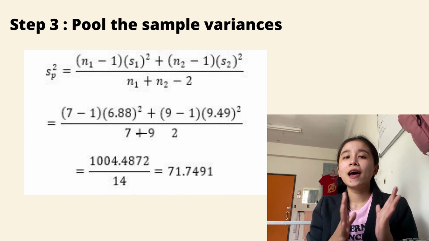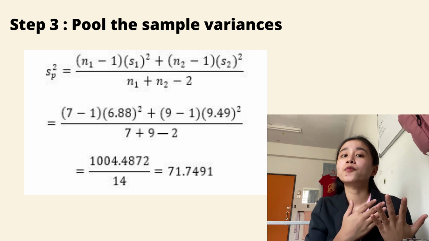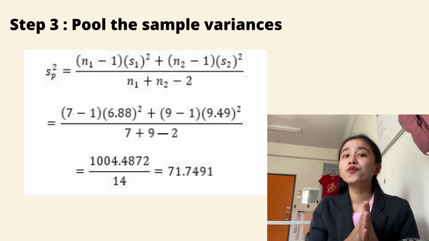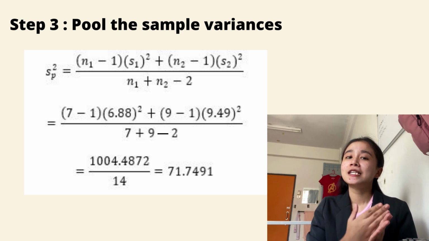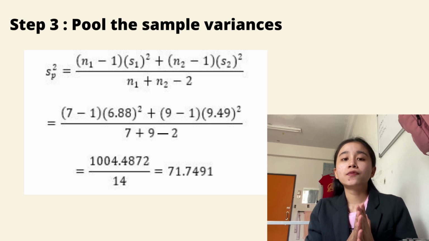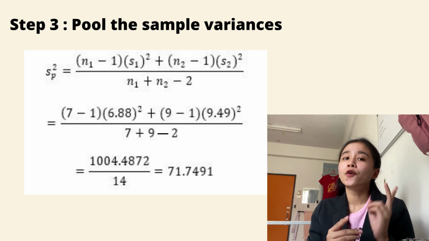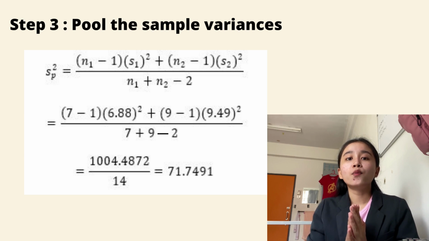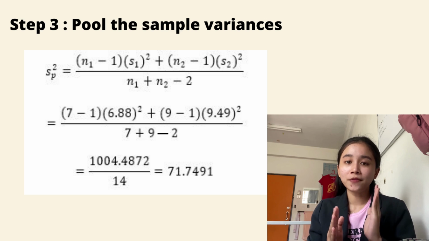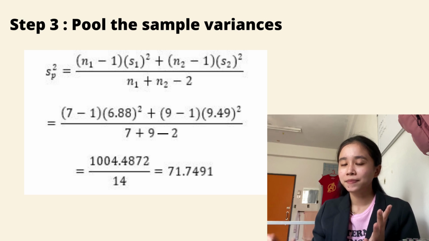After we get the means and standard deviations of women and men, we can move to the next step, which is step 2. For step 2, we need to find the pooled sample variance, because for two sample tests, we need to use the pooled sample variance to determine the T value for the next step.